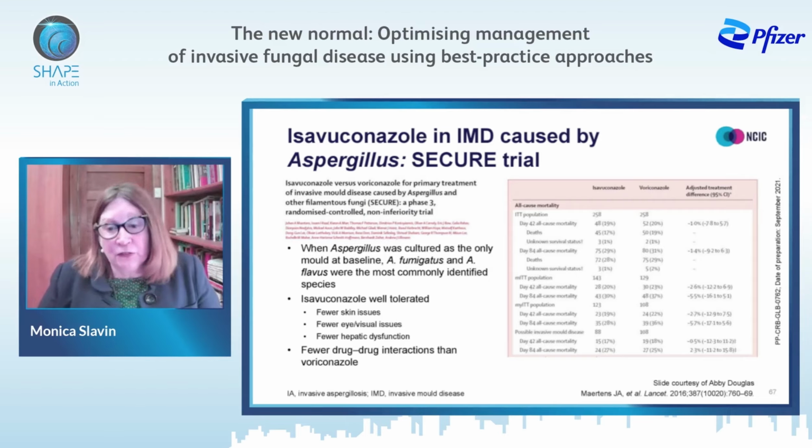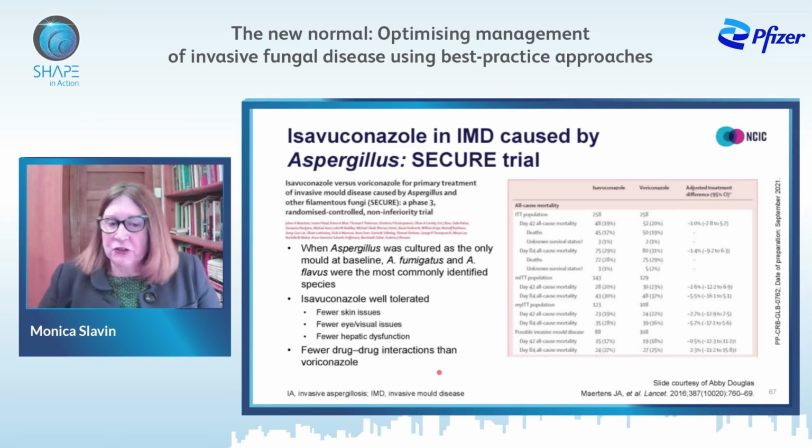But what we did learn from this series, apart from it being equivalent to voriconazole in the treatment of pulmonary aspergillosis, was that there were fewer skin, eye and visual and hepatic dysfunction issues seen in patients receiving isavuconazole than voriconazole.